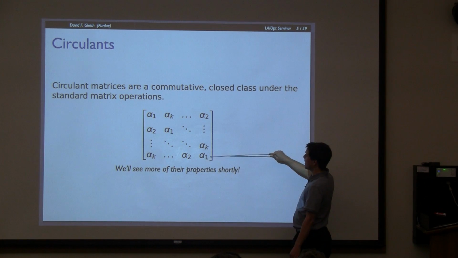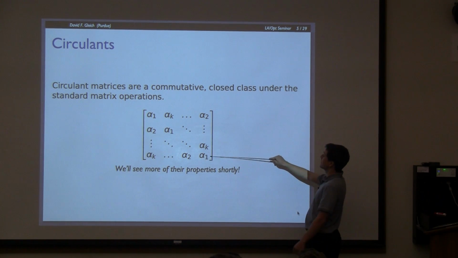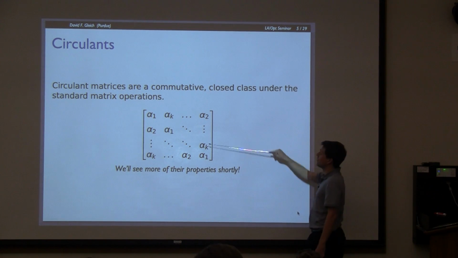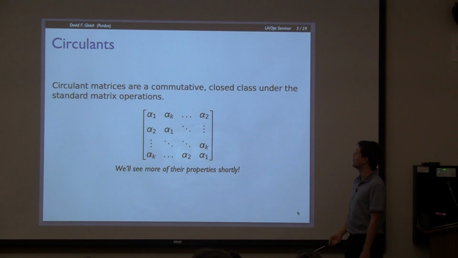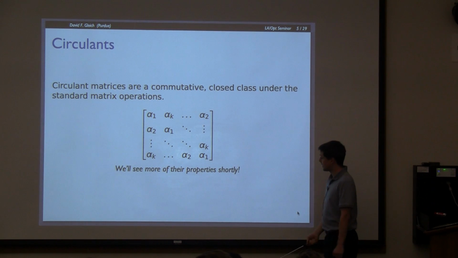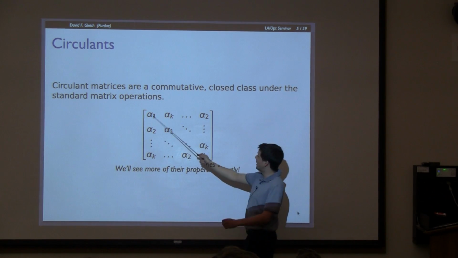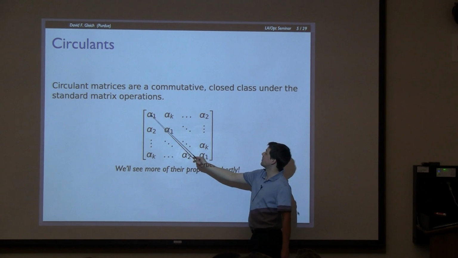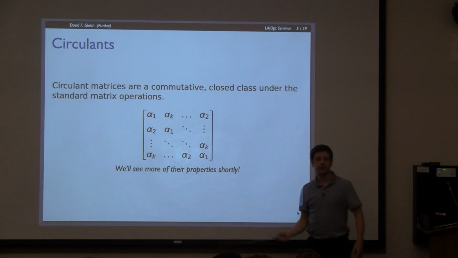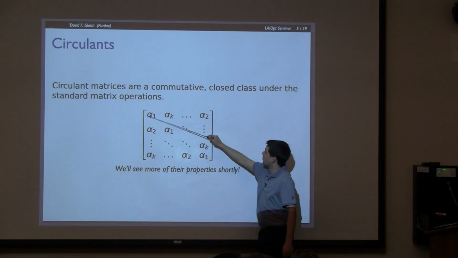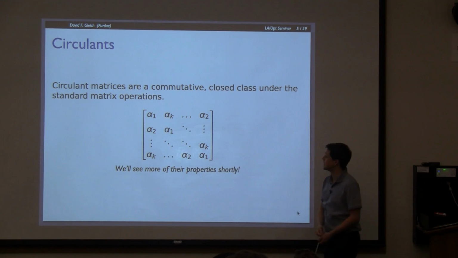So by the time we're done at the kth column, we've got A1 in the last position, and then A2 through A_k in the first rows. Some other people define these with your vectors going along the row. It's really a matter of choice. So here I'm doing it where your k numbers run along the first column.